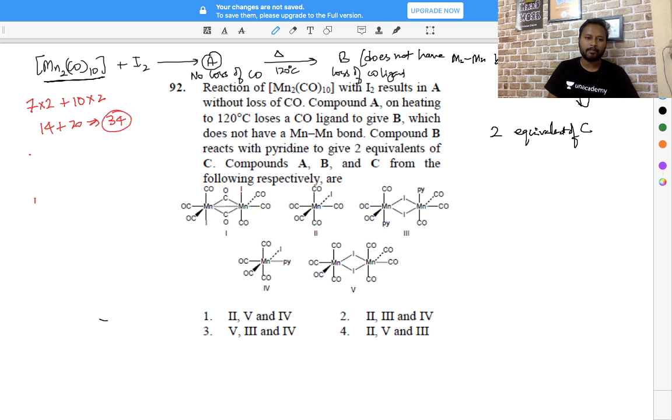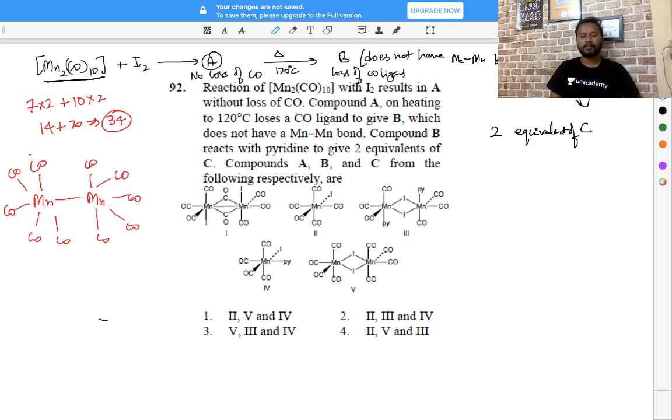So the manganese bond is 1, and the rest you make carbonyls attached to it. So 5 carbonyls to one of the manganese, 1 2 3 4 and 5, and similarly 5 carbonyls to the other. Now, is it a stable species? Yes, it's an 18 electron species. So this is the structure of it.